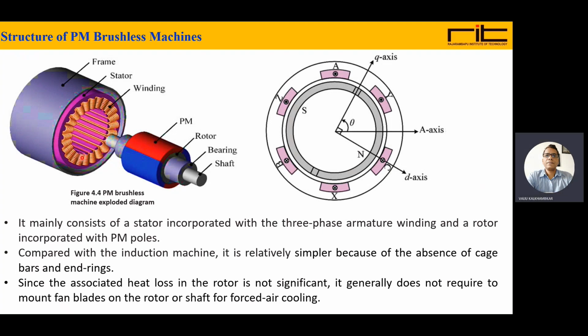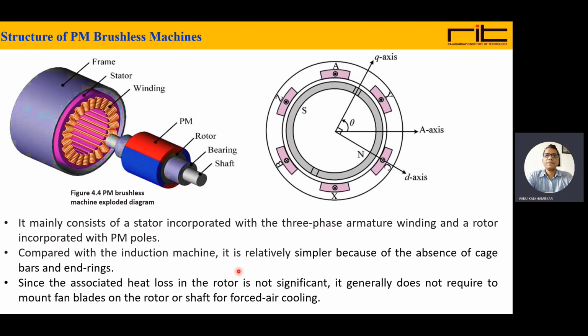This is the stator winding. This is the rotor on which the permanent magnets are placed. The red color is one permanent magnet, then blue another permanent magnet, then the lower red another permanent magnet, and this side blue. So these are the permanent magnets placed on the rotor. Now this is the bearing and shaft.